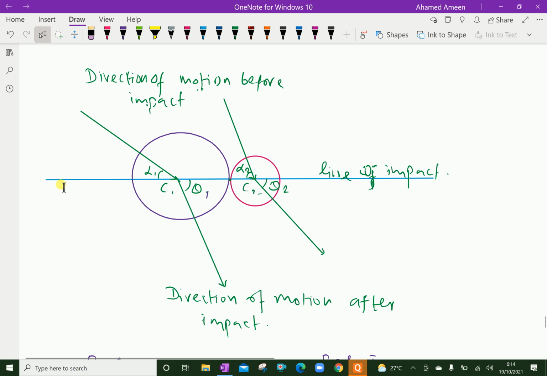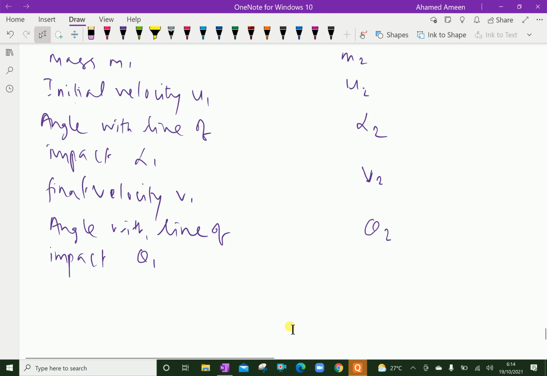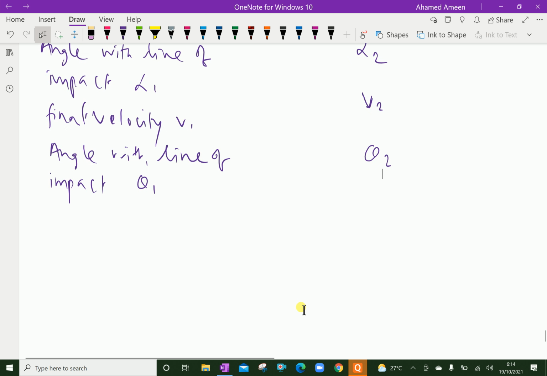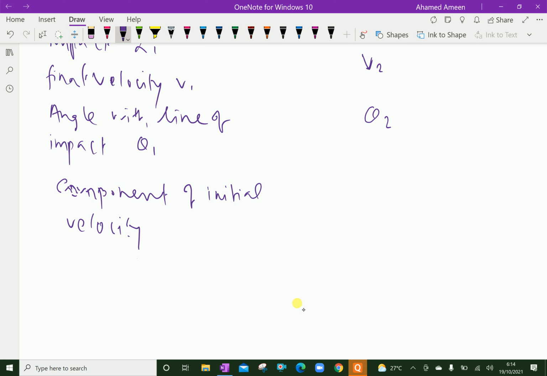The component along the line of action of the initial velocity is u1 cos alpha 1, here u2 cos alpha 2.